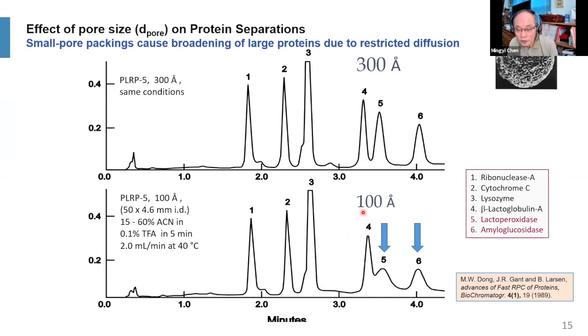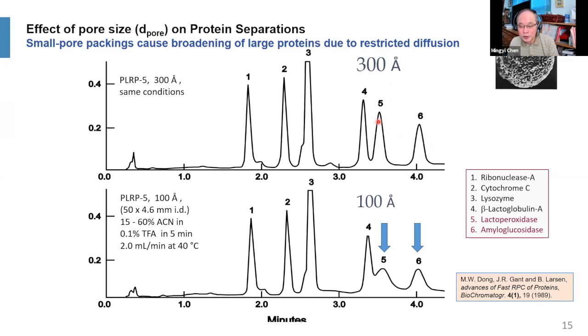You can see that for 100 angstrom, the larger proteins are much broader than with the same column packed with 300 angstrom pore size. You can see this is much better. The reason is that the large protein gets entangled. It's called restricted diffusion, right? Once you get into the small pore, it gets stuck.